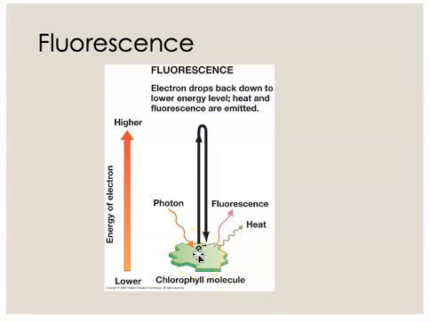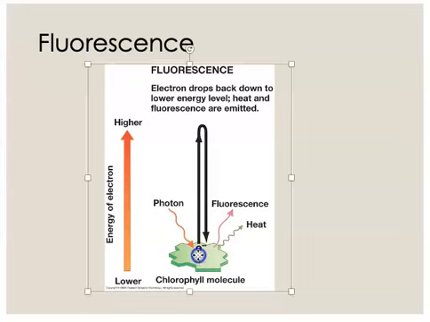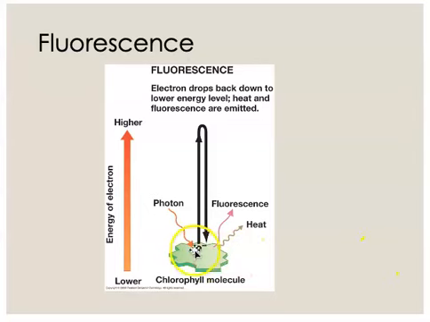In order for that electron to go from the 0 state, the resting state, up to that number 1 state, it has to absorb enough energy from a photon of light. If it doesn't, the photon will hit the electron, energy will be transferred, and the electron will increase in energy, but it won't get all the way to the next discrete level.